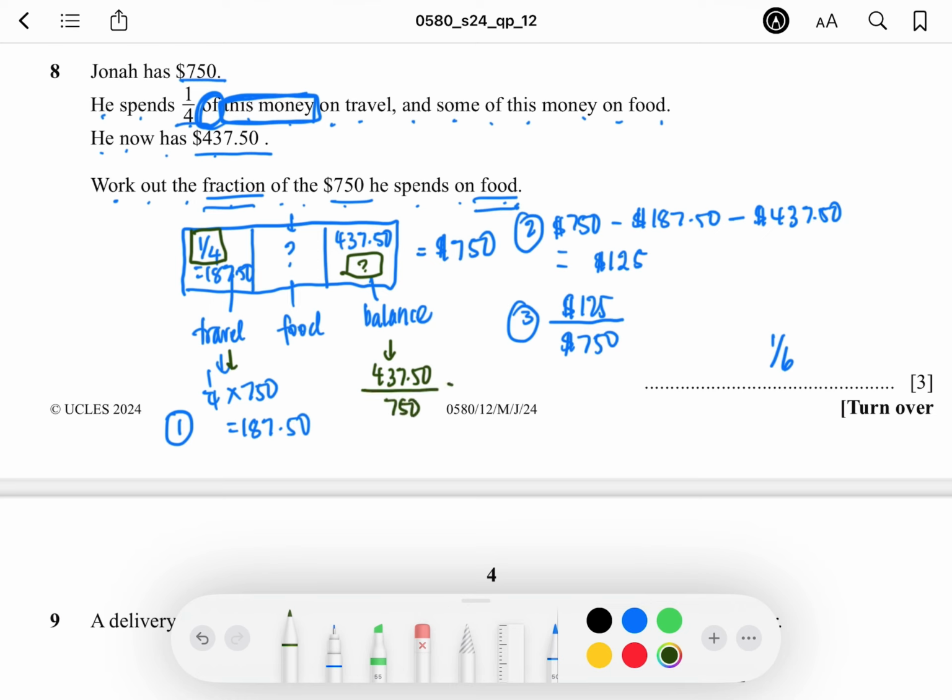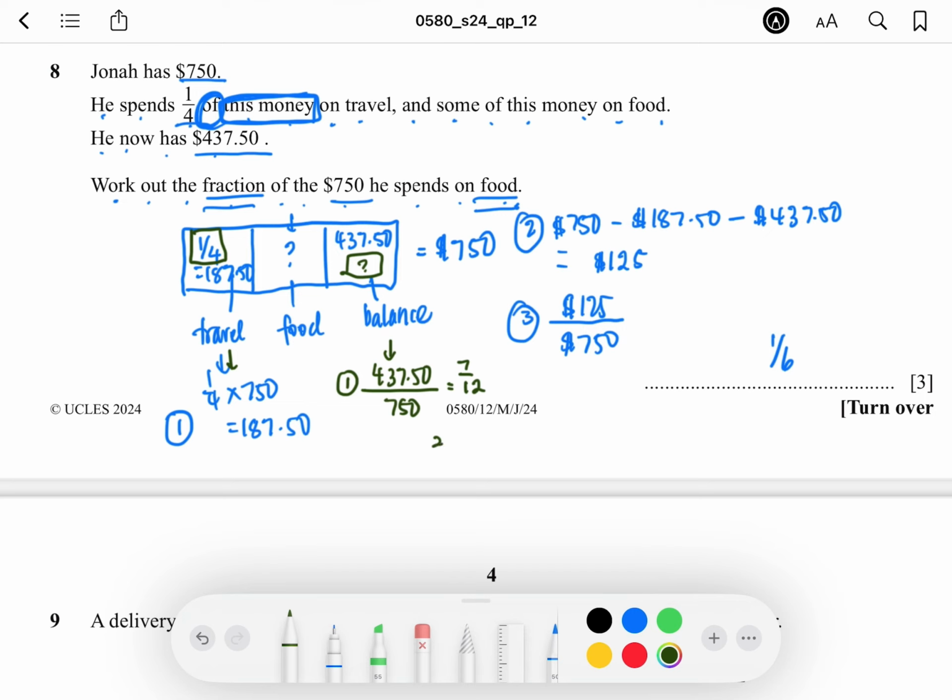Pakai calculator and you get what? Ryan. Bangun Ryan. Belajar Ryan. 7/12.